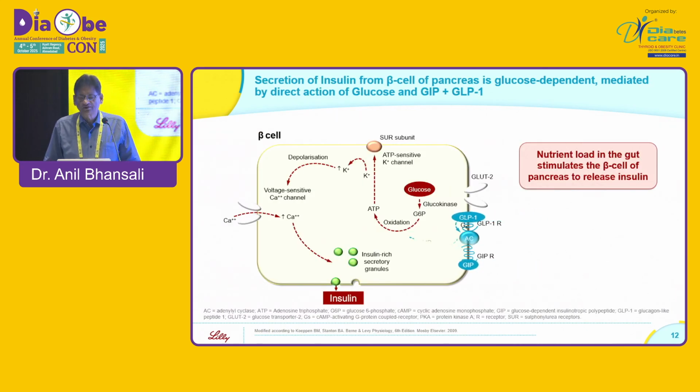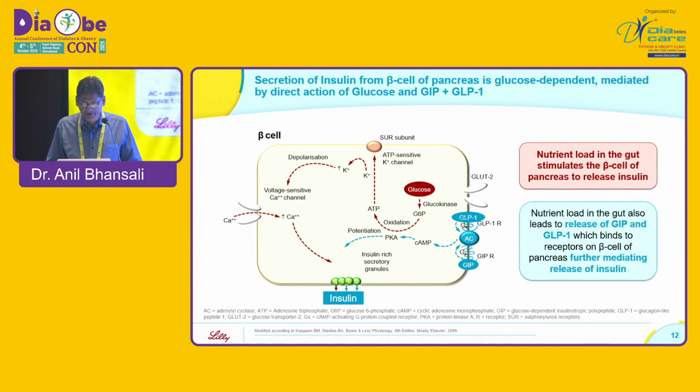This shows the glucose dependent insulin secretion by both GLP-1 and GIP. I think you can all recall from your physiology that glucose enters the beta cell by GLUT2, the glucose transporter. Then glucose is metabolized by glucokinase to glucose 6-phosphate, and eventually ATP is generated. This ATP leads to closure of the ATP sensitive potassium channels, which leads to depolarization of the beta cell membrane, allowing the voltage sensitive calcium channels to open.